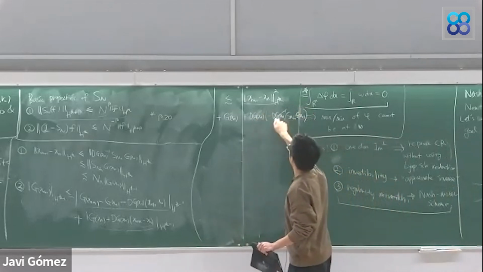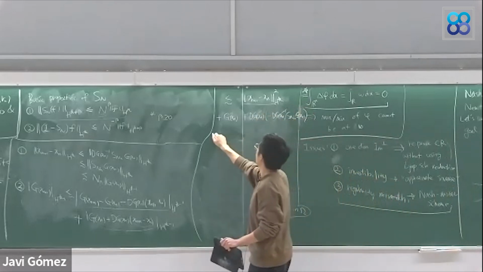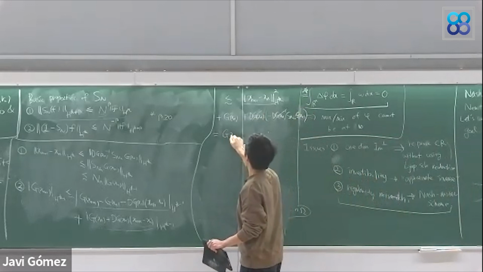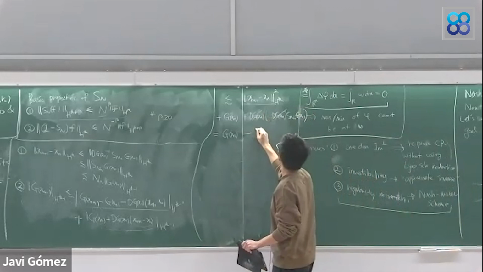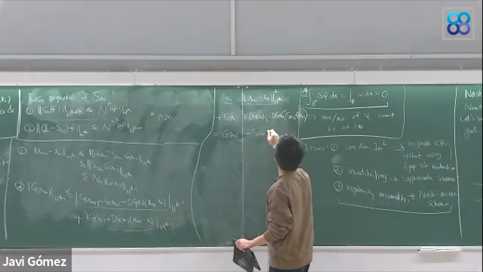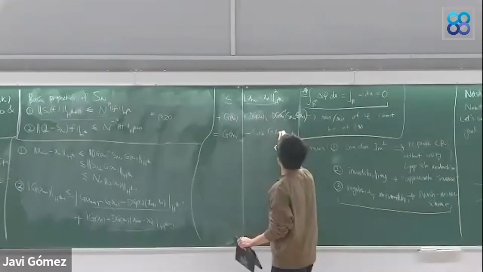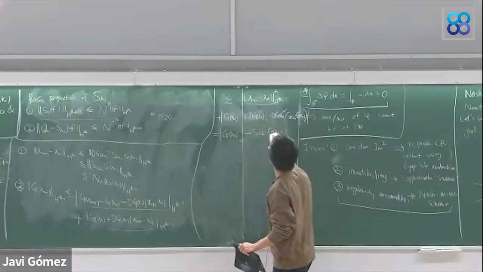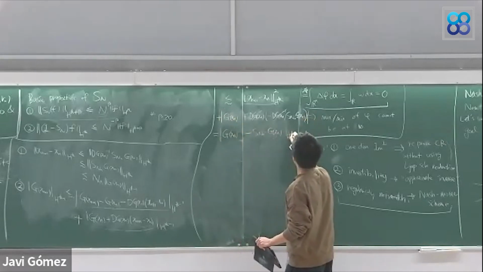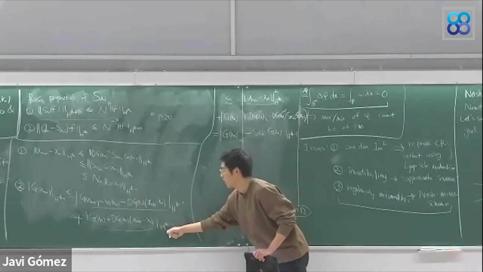So we get a cancellation. That is going to be, with the minus sign, S_n of G(x_n), because we have H^(k-1) here.